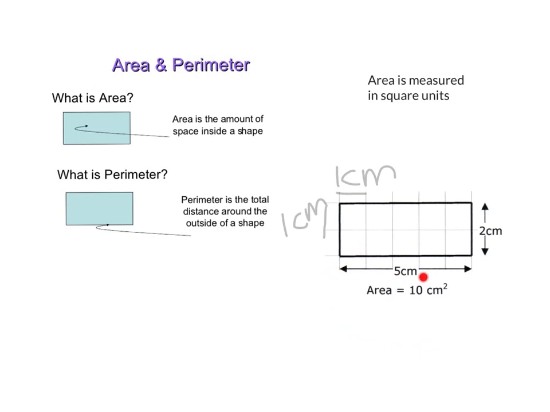If this was 5 meters in length and 2 meters wide, this side over here is 1 meter, and this side over here is also 1 meter. Therefore, this box right here would be 1 meter squared, and the total amount occupied in this shape would be 10 meters squared.